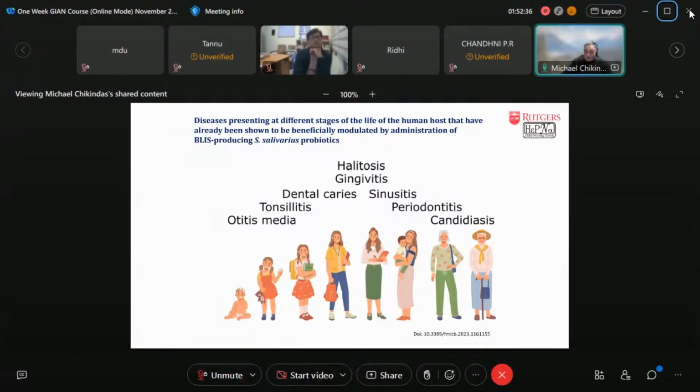Now, the situation with the challenges through the lifespan: in the early ages, otitis media, then tonsillitis, then caries. In the mature adults, halitosis, gingivitis, sinusitis, periodontitis, and candidiasis can develop in the older population. Why?